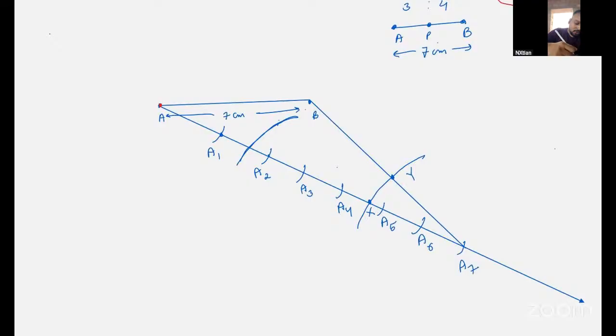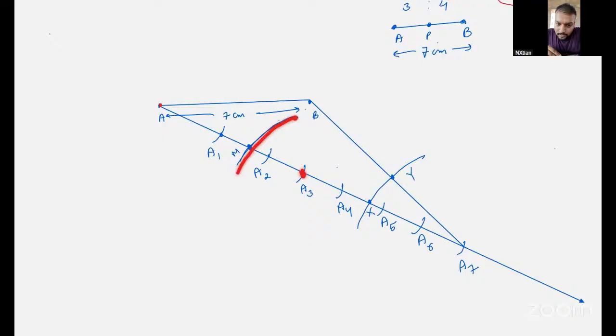Now the point which you got, name this as M. So I have a question. When we are making an arc on A2, where should we put the point? You put the compass on A3 and you make this arc.